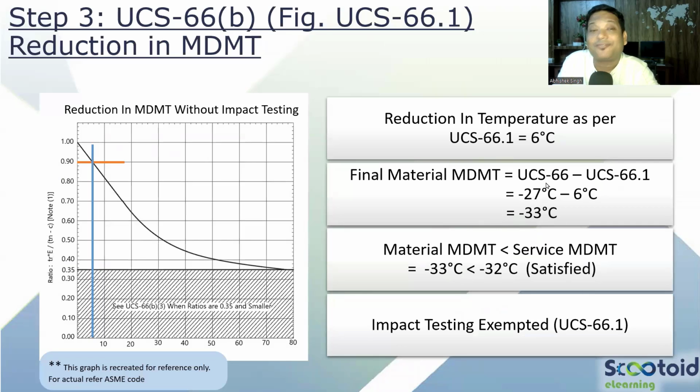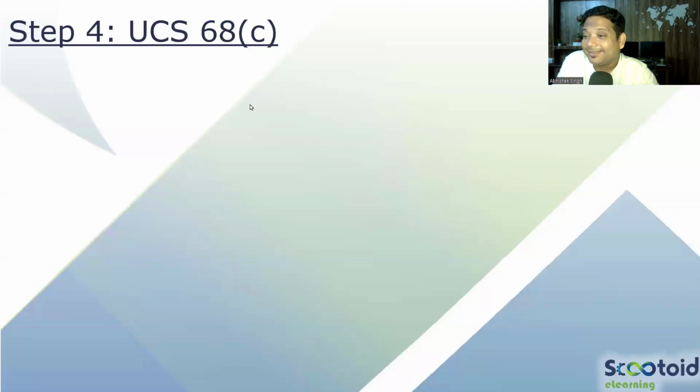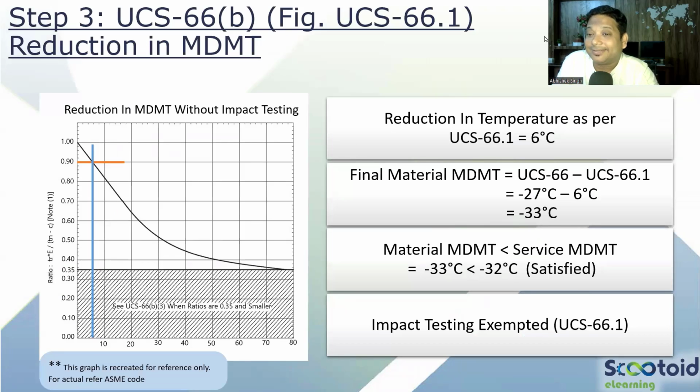Minus 27, which you got from UCS 66, or from 66.1? Whenever you are applying 68C, you will be using the UCS 66 value. You cannot use the coincident ratio reduction. So you always take this 27, whatever you have got based on UCS 66. That will form the basis of the reduction. Makes sense to everyone?